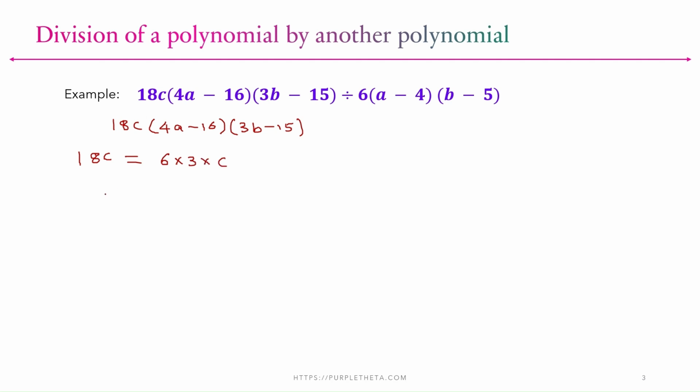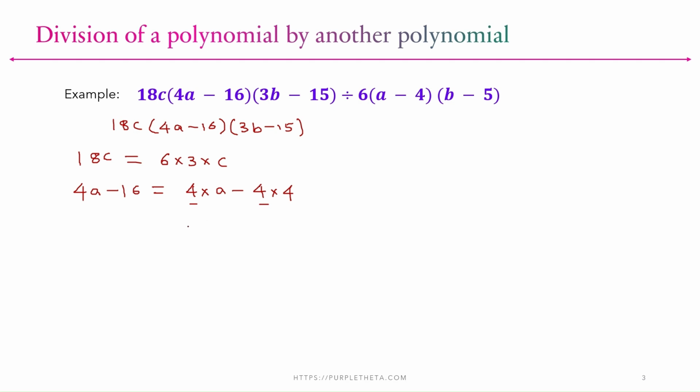Then let us factorize 4a minus 16. This is equal to 4 multiplied by a, minus 4 multiplied by 4. Here we see that 4 is common in both the terms. So 4 is a common factor.